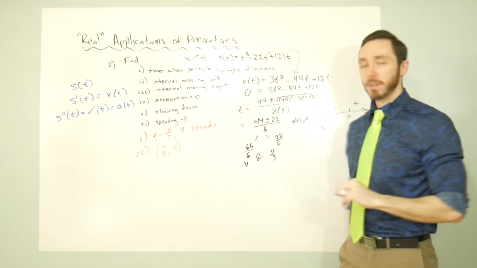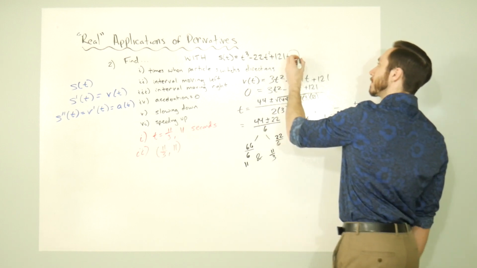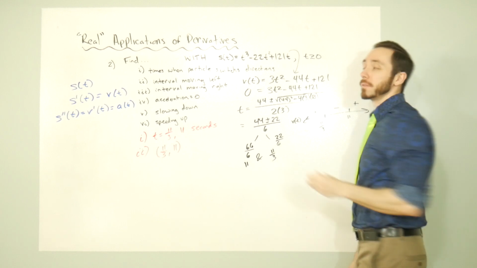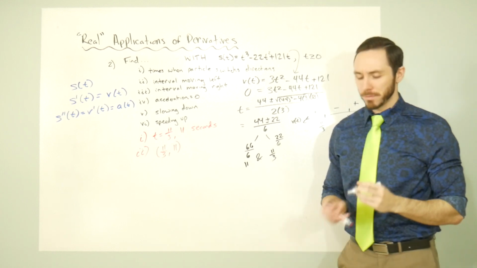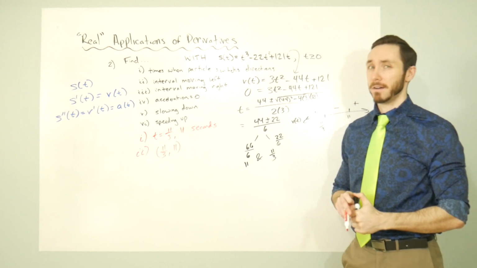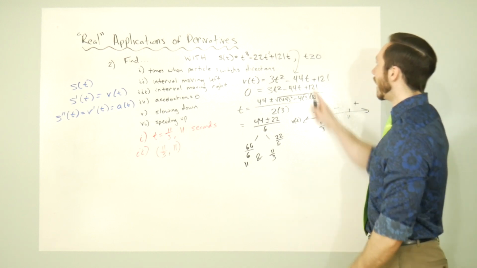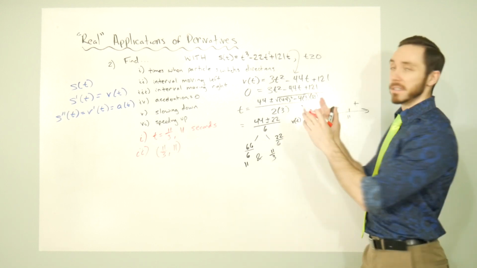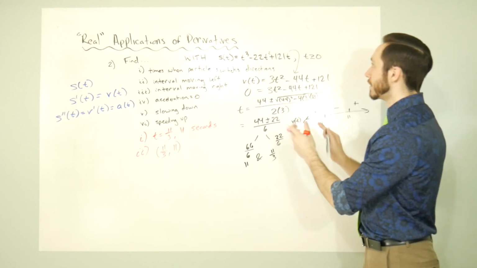Something minor that almost all of these problems come with is this idea that time is always greater than or equal to 0. It doesn't really make too much sense to track negative time. In fact, it doesn't make any sense at all unless we can time travel. So it's very common to attach, well, t must be greater than or equal to 0 to these problems.